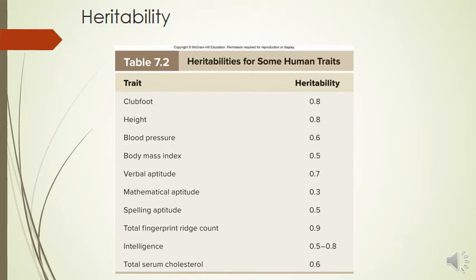Without environmental variability, genetic difference alone determines the expression of the trait in a population. Variability of most traits, however, is due to differences among genes and environmental components. This table lists some traits and their heritabilities, such as clubfoot, height, and mathematical aptitude.